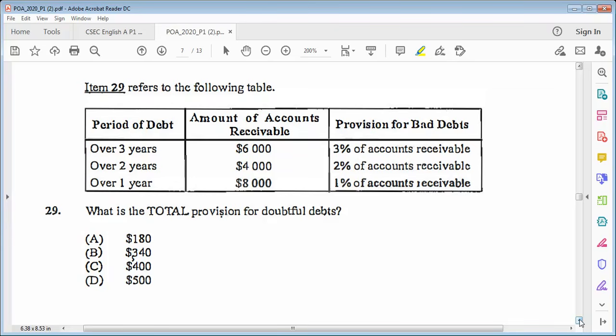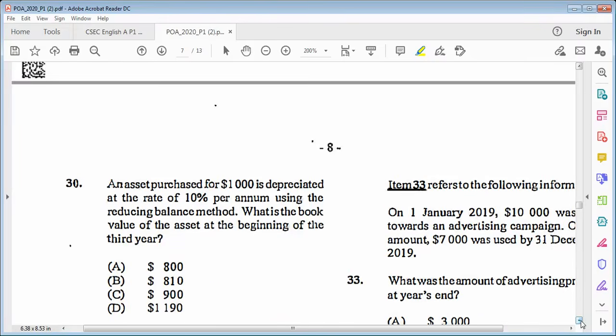And 1% of $8,000, we got $80. So because it asks for a total, we add $180 plus $80 plus $80, we get $340. So our answer is B. Go on to number 30.